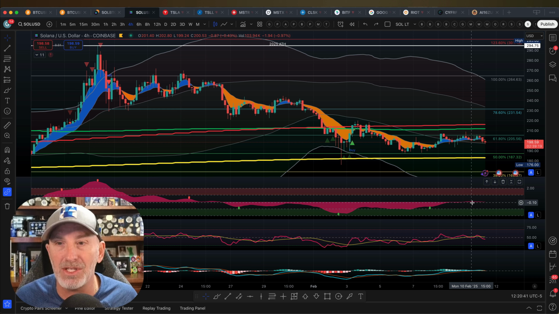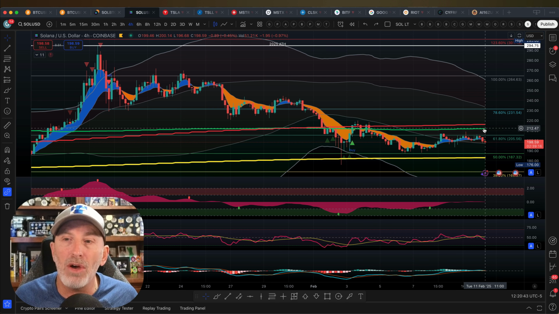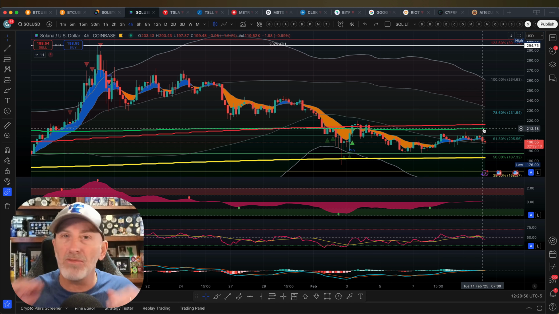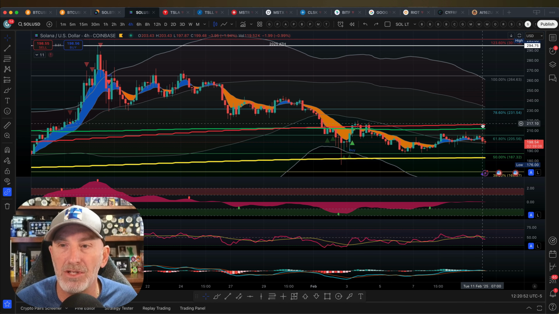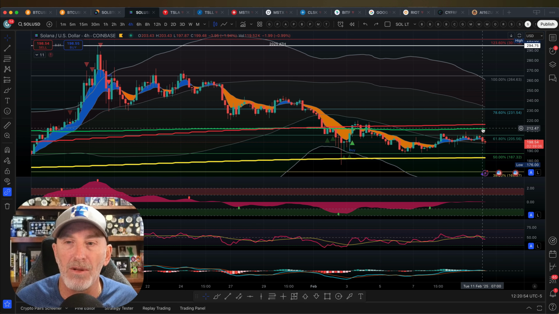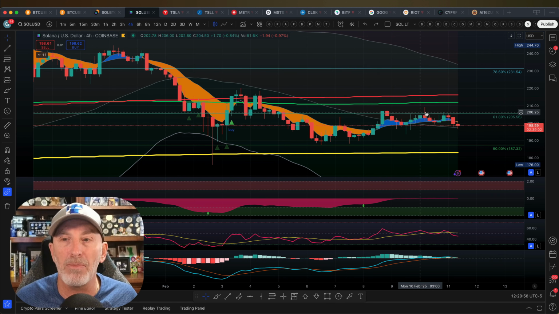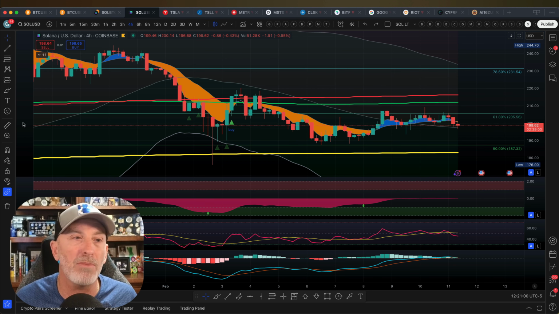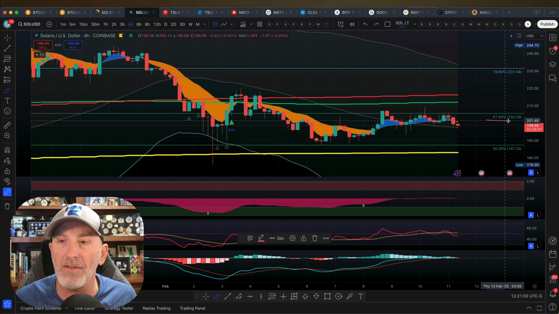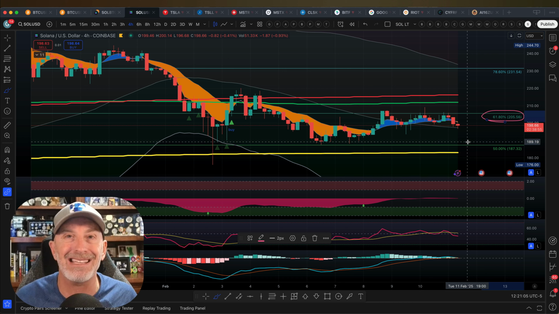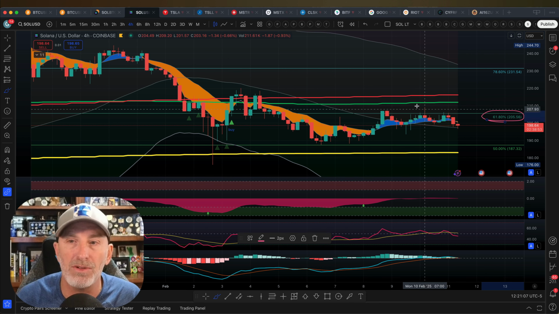It's not much different, except that you'll note the 150-day, the red and green lines respectively, are basically running parallel to each other right now, just a few dollars away from each other. And instead of that being our upper bound, the upper bound currently is this 61.8 Fibonacci level, right around $205, $206.